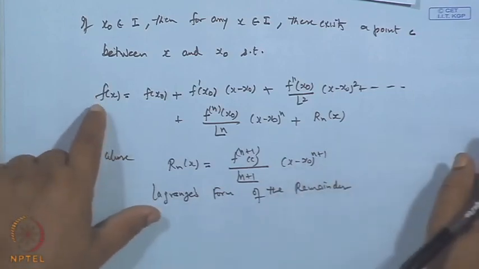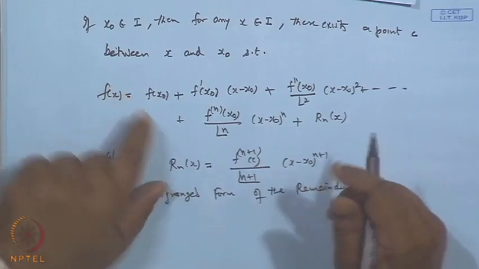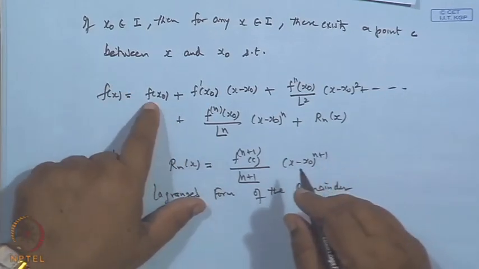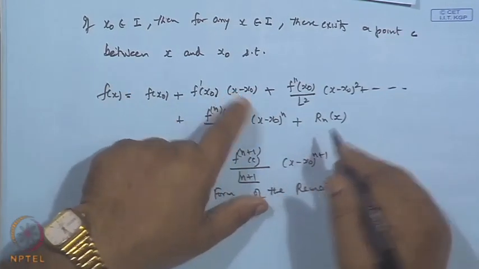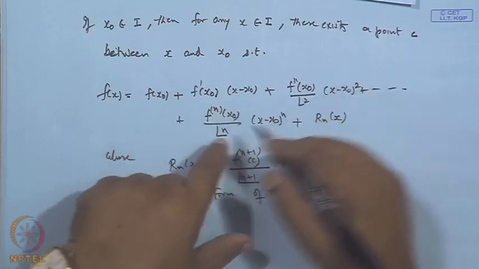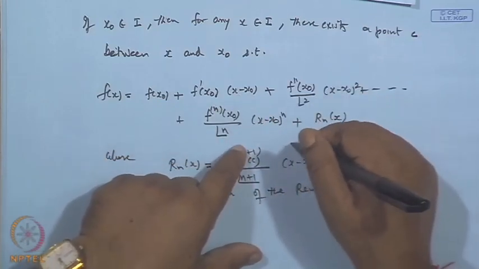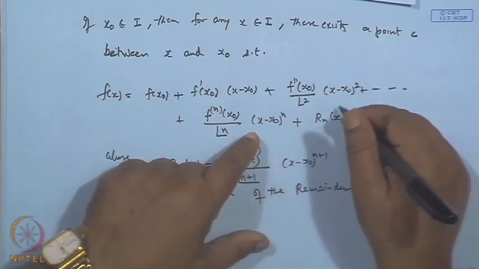So, the function f is such that it is differentiable and continuous up to the nth order, and the (n+1)th order derivative exists in the neighborhood of the point x naught.